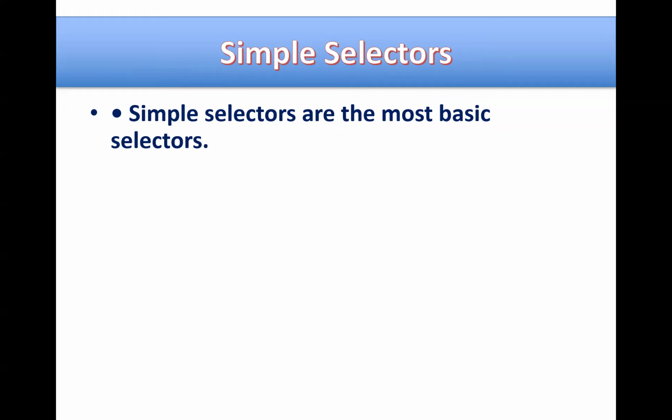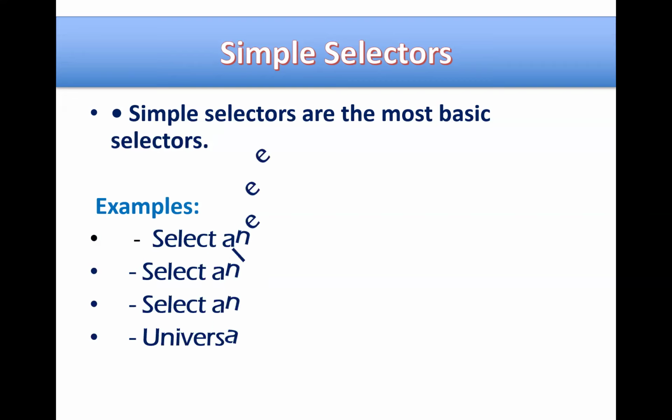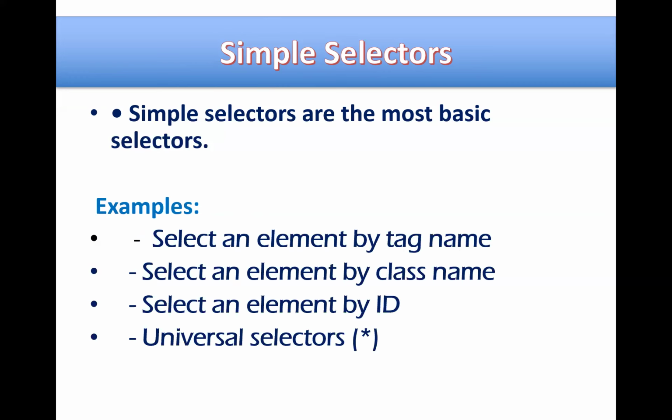In simple selectors there are also 4 divisions. First, select an element by tag name, for example the h1 tag or p tag.